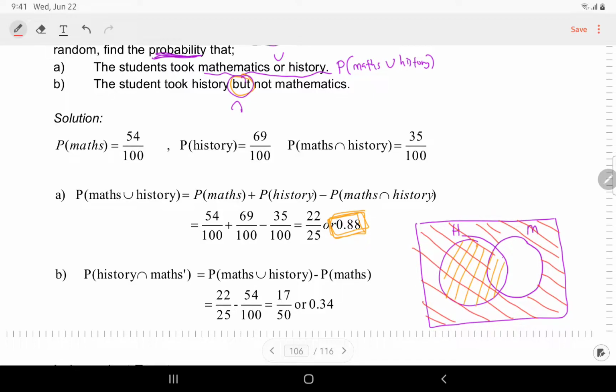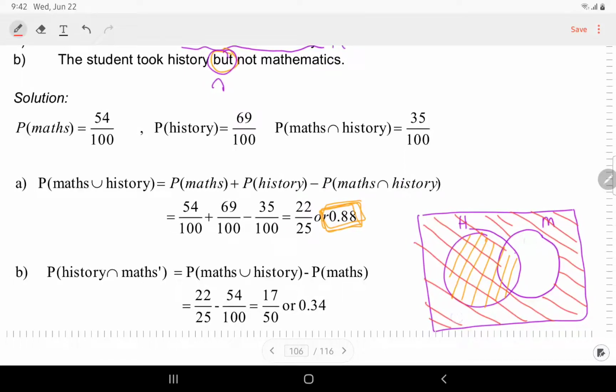Okay, so history is the region shaded in color orange. Okay, not maths is shaded in red color. Okay, red dengan orange. You all nampak tak perbezaan color? Okay, so kita nak cari intersection between orange and red. So intersection part tu maksudnya kita nak tengok yang region mana yang ada dua-dua color orange dan red.